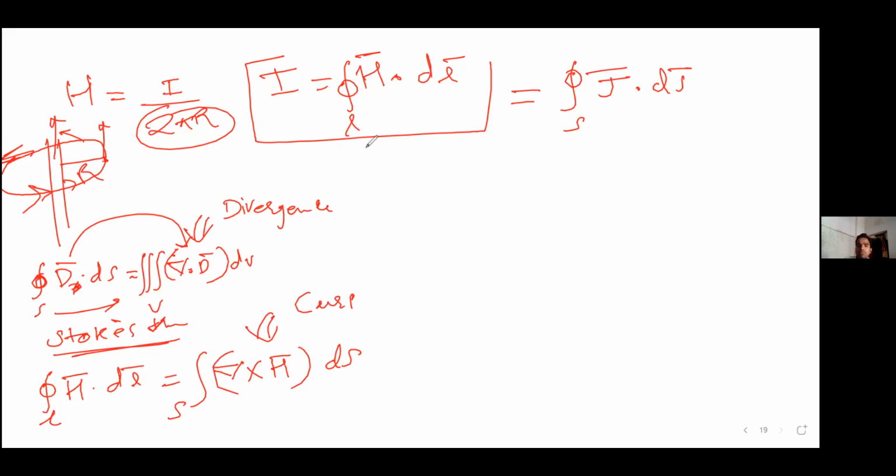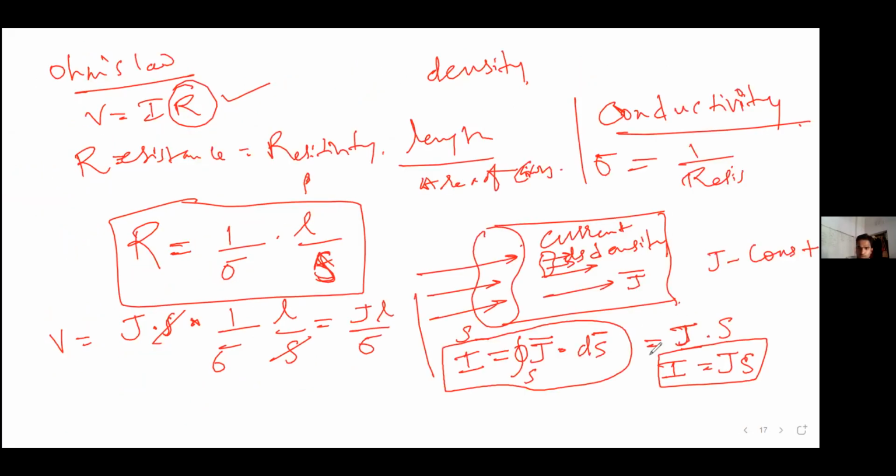So where did we get this from? We get it from the previous derivation. And where did we get this from? We get it from the current definition of conduction current density. By the definition, I is the surface integral of J bar dot ds bar.